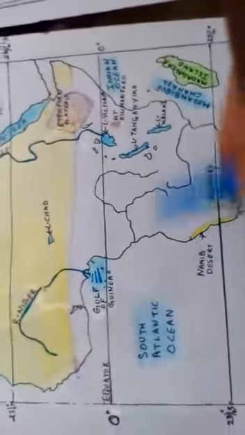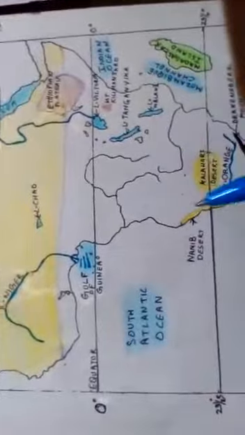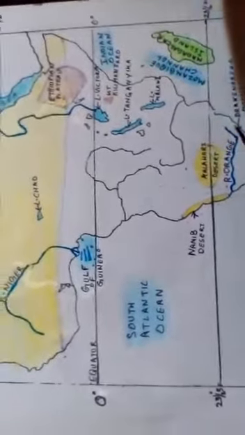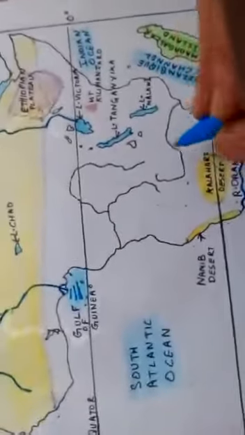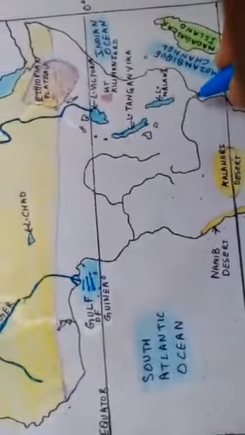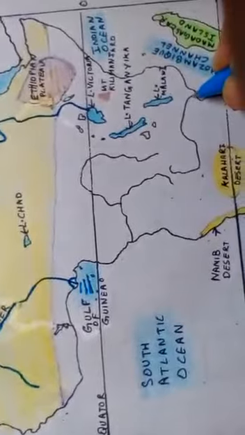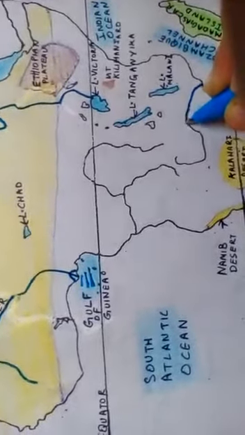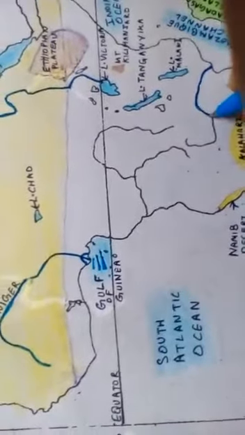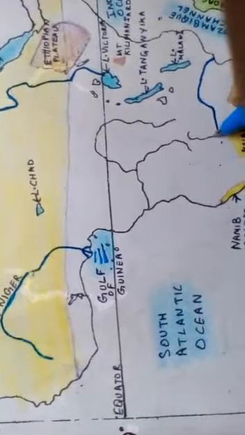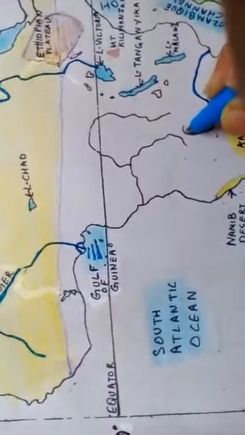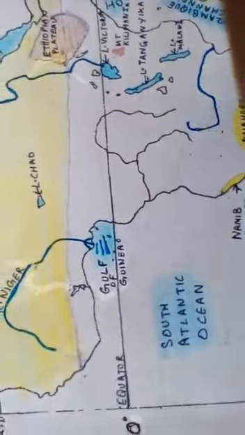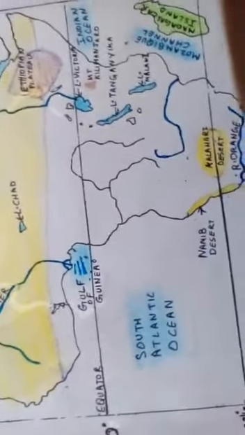Let us move forward and mark the two most important rivers also that we'll be learning about today, and we have been hearing them while we are learning about the physical divisions of Africa. So very neatly, if you have a blue color pencil or a blue crayon, just shade the line which you have already traced from your map, or you have downloaded the map which I have given.